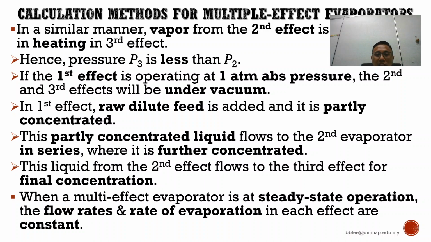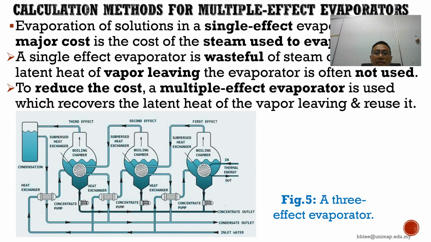This partially concentrated liquid flows to the second evaporator in series, where it is further concentrated. So we get a more concentrated liquid coming out from the second effect. This liquid flows to the third effect for final concentration. When a multi-effect evaporator is at steady state operation, the flow rate and rate of vaporization in each effect are constant. Let's look back at the diagram.